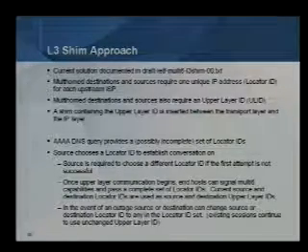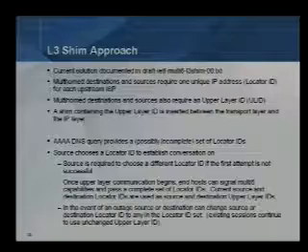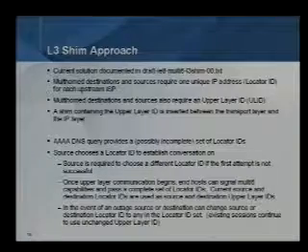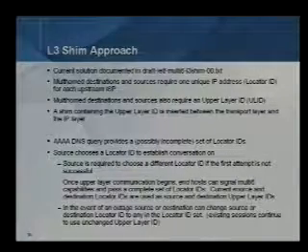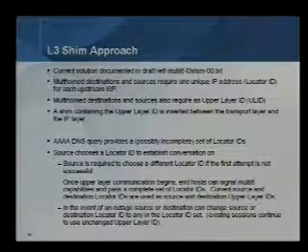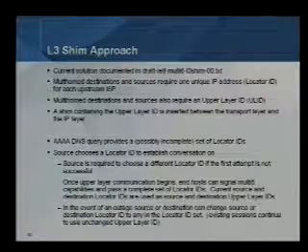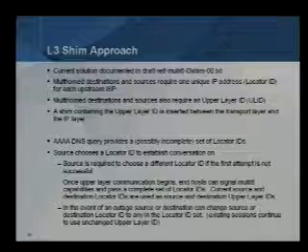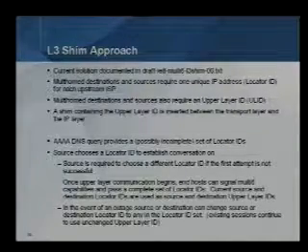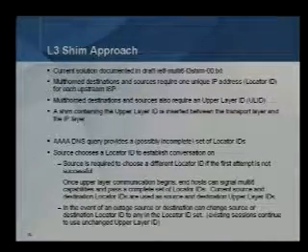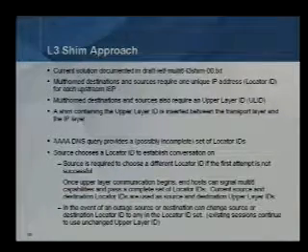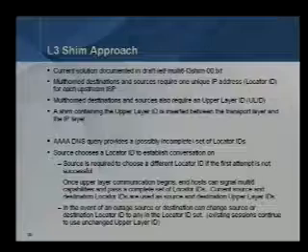And basically, the way it works is if you do a quad A query, the DNS server is going to provide back a list of locator IDs or interface IP addresses for that destination. And the important point to note here is that list may not be complete. The source will choose one of those addresses at random and attempt to build a TCP session, for example. If that session establishment is unsuccessful, he is then required to try another address.